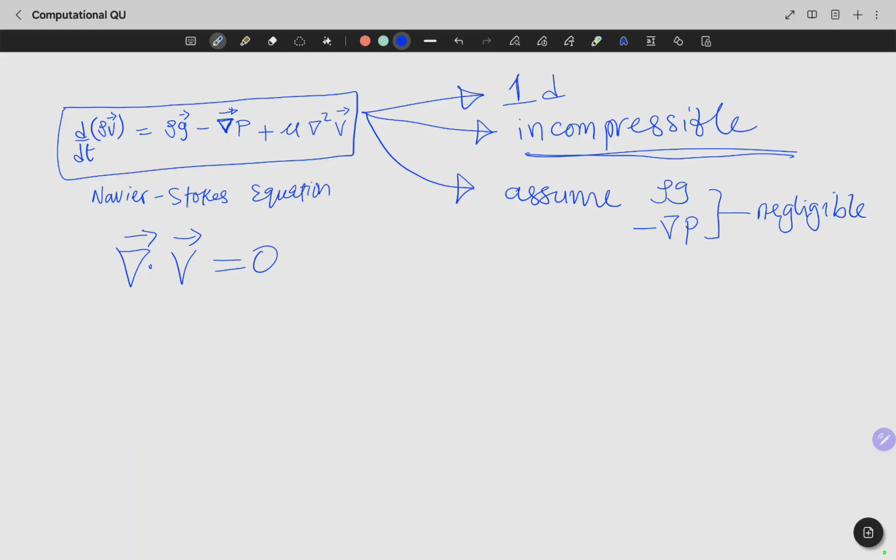And this equation will now become something like this. It's 1D, so let's take only the x component of u.